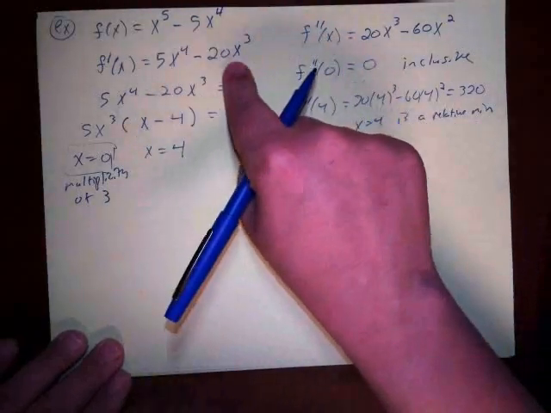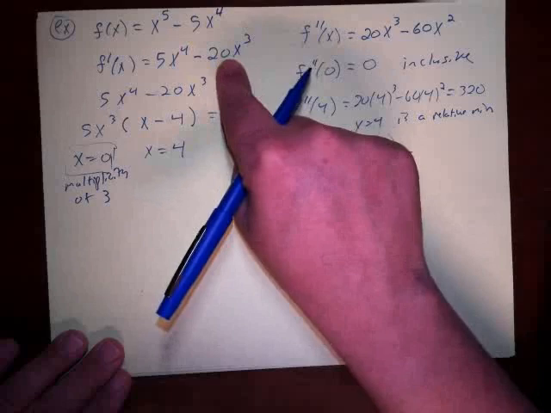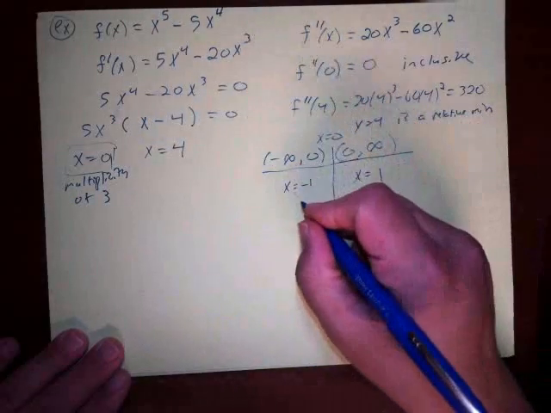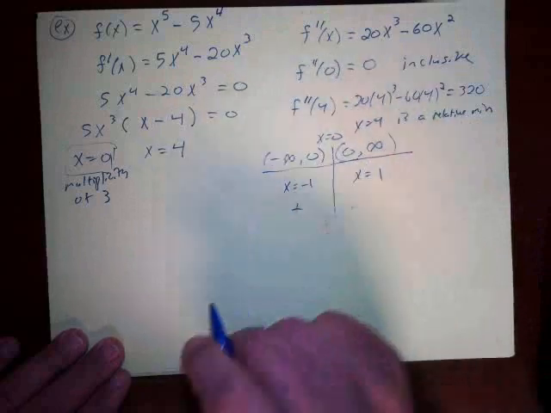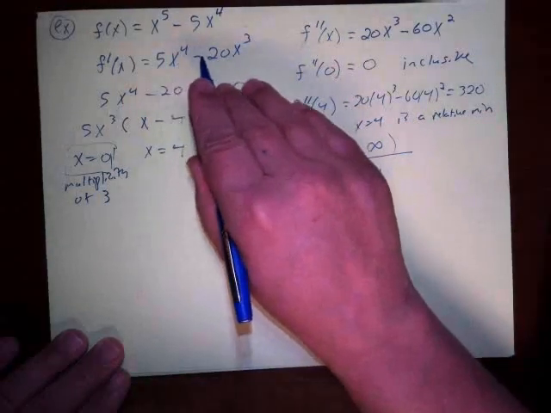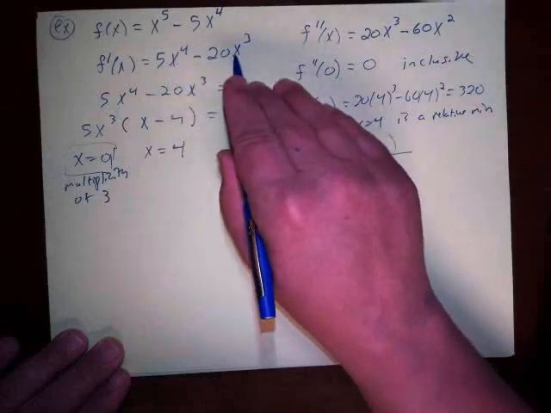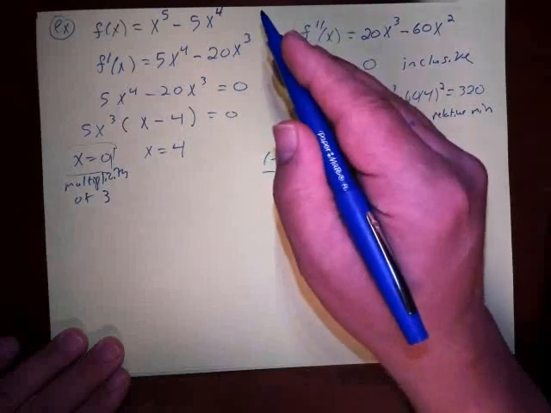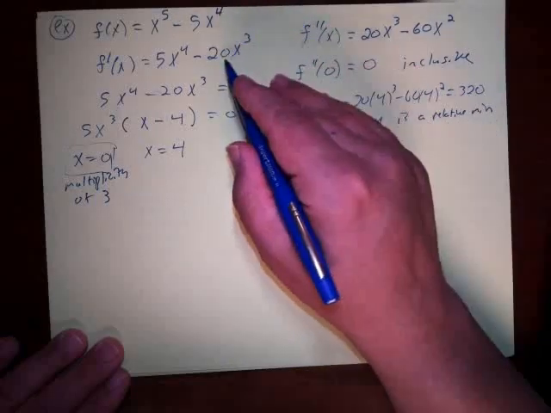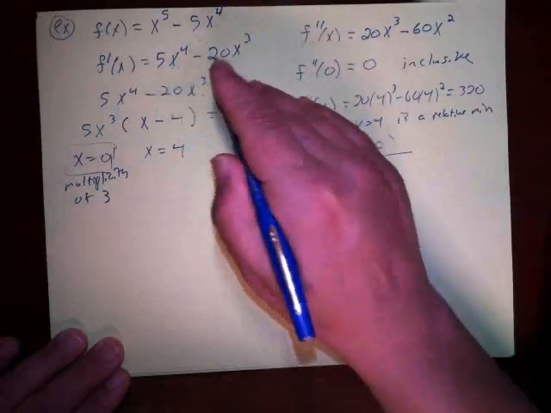Putting in a -1 here would make that -20, but minus, so that would be 25. So this would be positive. And then if I put in a positive 1, I would get a 1 here minus a 1 there. And so this would be -15.